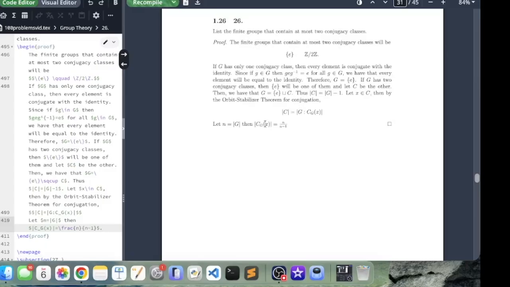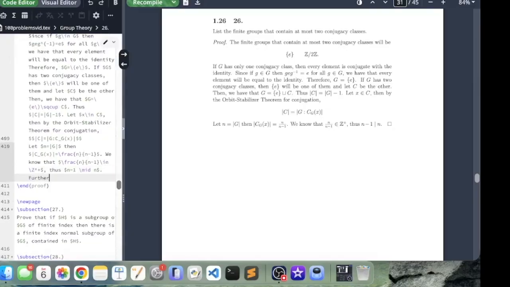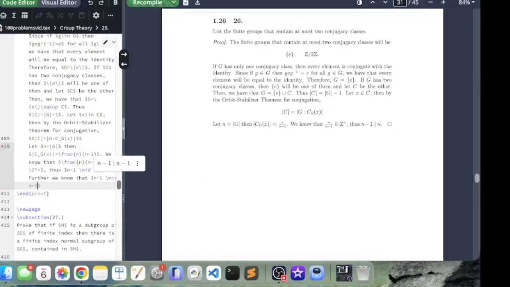Okay, and we know that order is an integer. We know that this fraction n over n minus 1 is a positive integer. Thus, the denominator n minus 1 has to divide the numerator n for it to be a positive integer. Further, we know that n minus 1 divides itself.